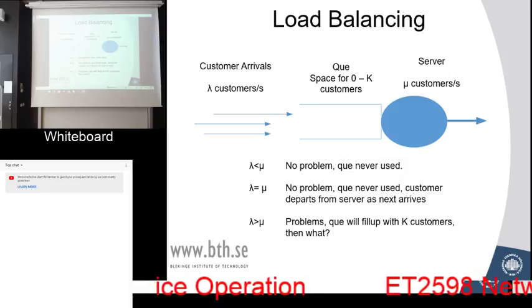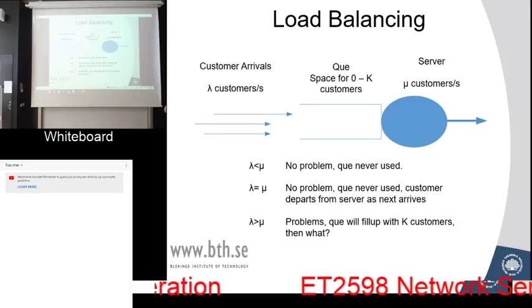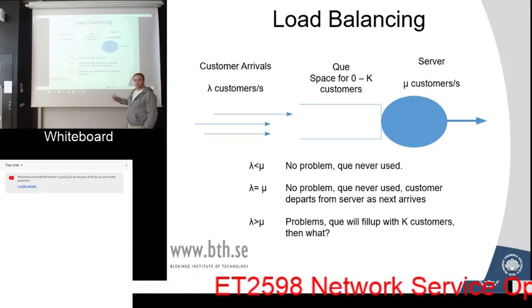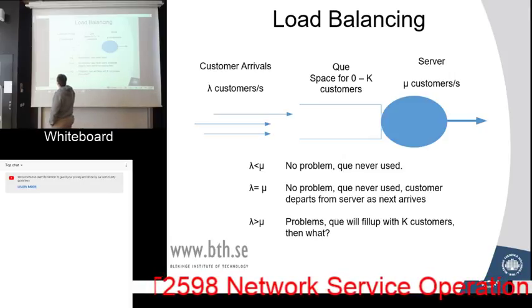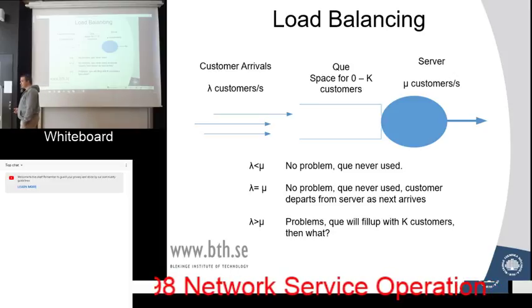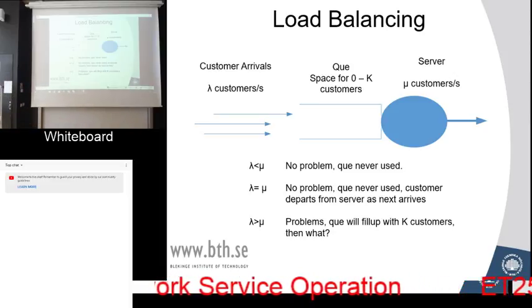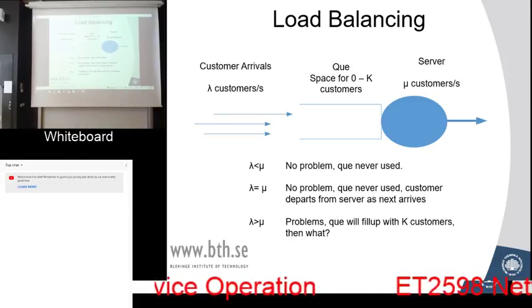We get a customer, we treat it, and then we wait. Another customer arrives, we treat it, and we wait. And we still have enough space to do more, right? So if we have lambda less than mu, arrival rate is less than service rate, no problem. We have enough resources to serve all of our customers.